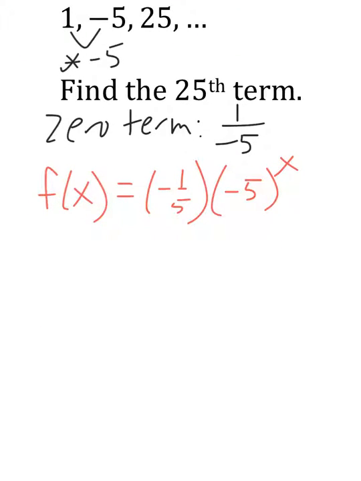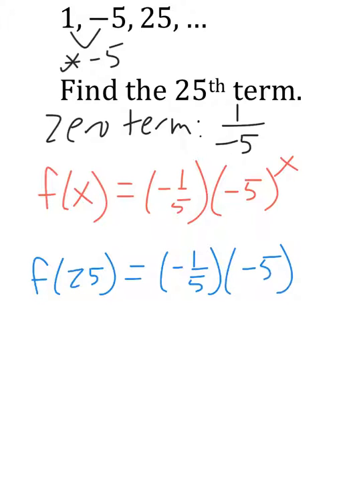Now we're going to look for the 25th term. So f(25) is equal to -1/5 times -5 to the 25th power. Right now, I know I'm going to have -1/5, a negative, and that's not changing. Then -5 to the power of 25 is a negative to an odd power, so that gives us a negative.